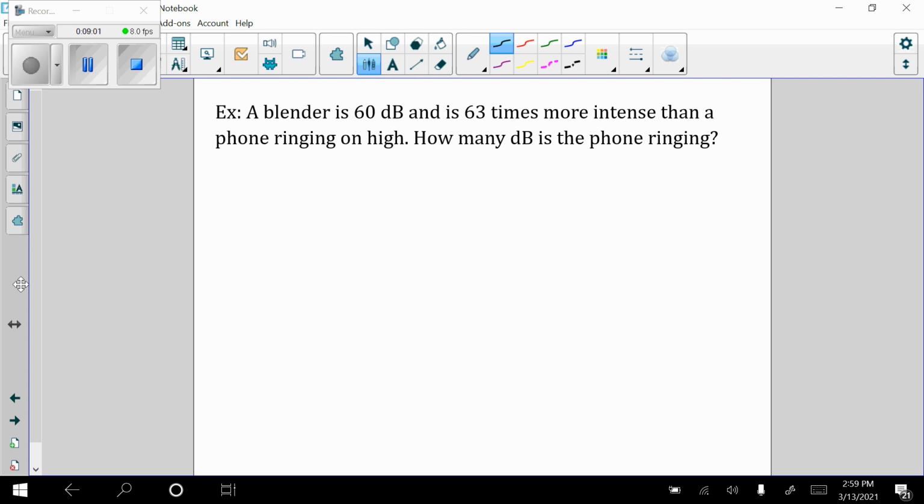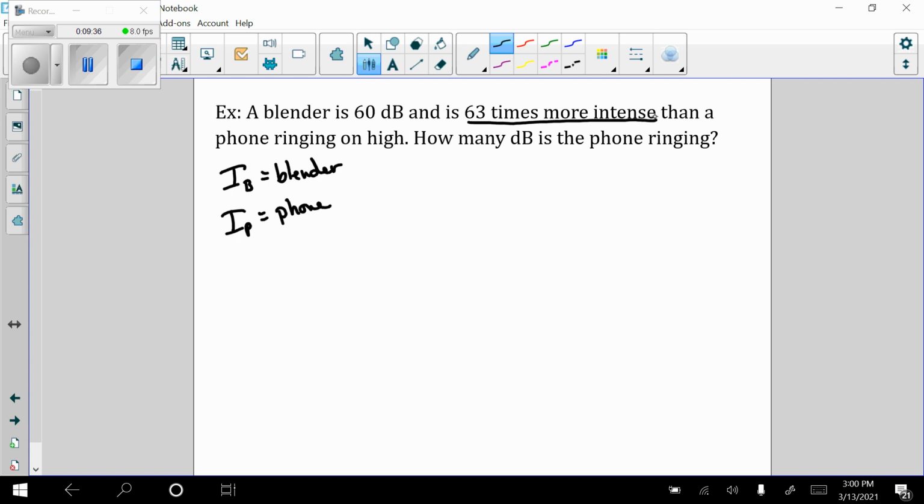How many decibels is the phone ringing? So I'm giving you some different information. It says the blender is more intense than the phone. So if I do I sub B as the blender and I sub P as the phone, then I can use this idea, kind of like I did yesterday, and I can set up an equation that's going to help me with my ratio that I have to use for my logarithm.